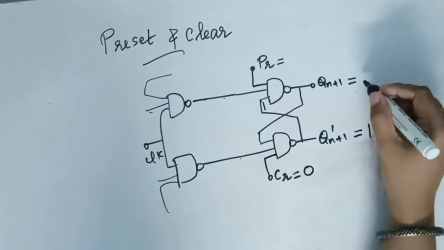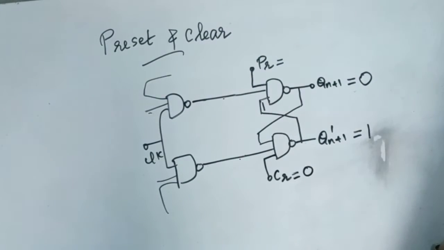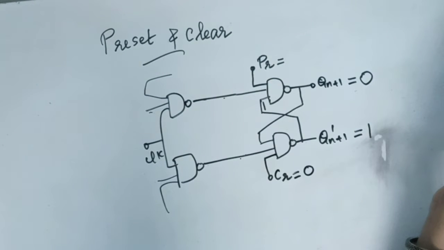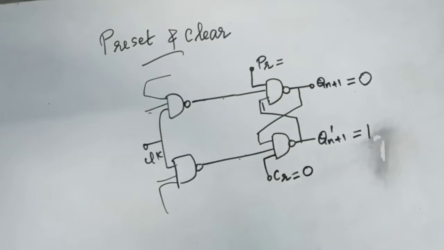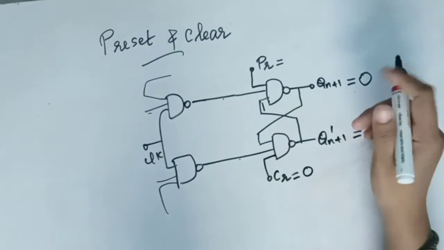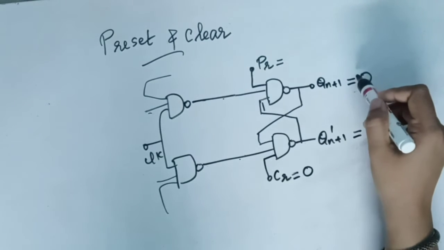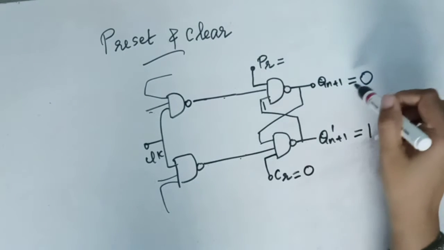If this is 1, this will be 0, Qn bar. So when preset equals 0, output is 1. When clear equals 0, the output is 0.